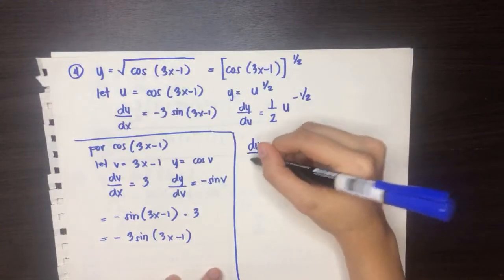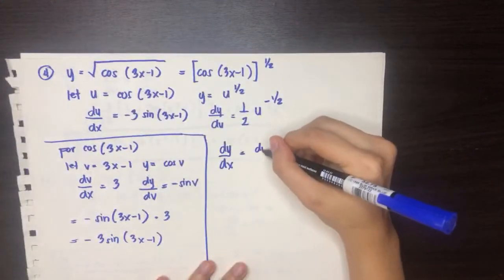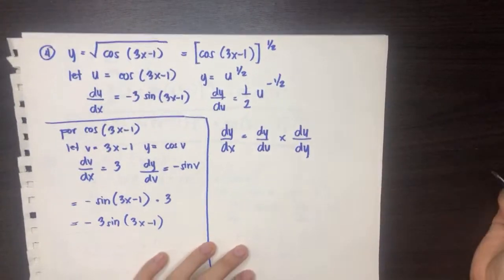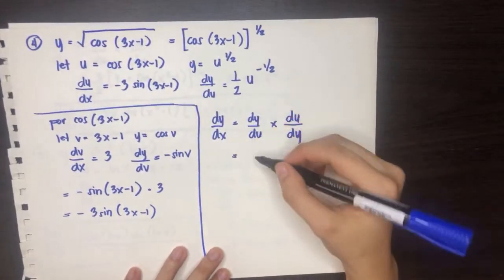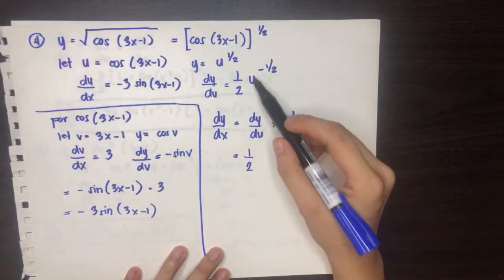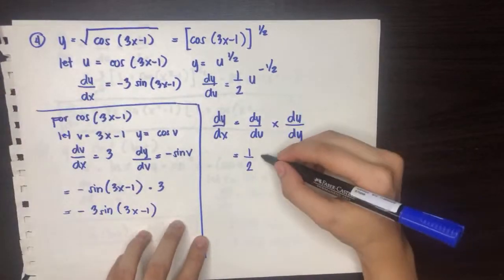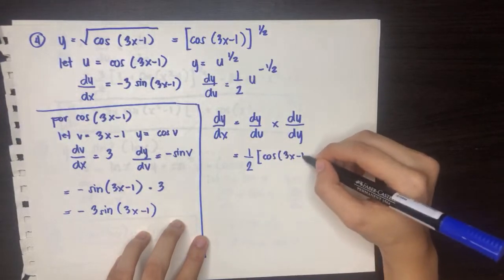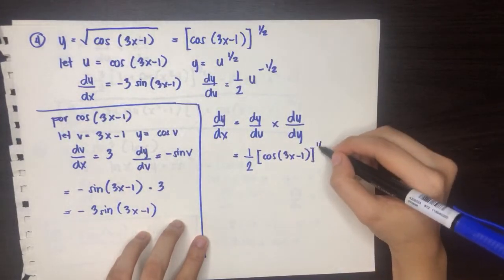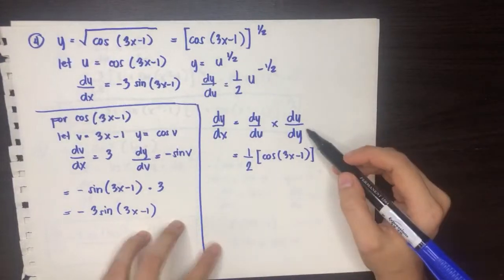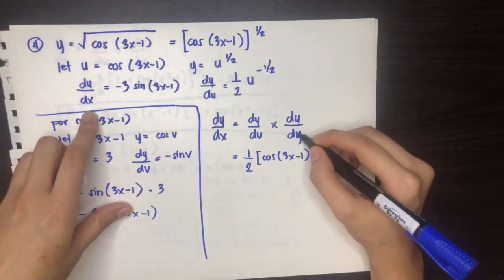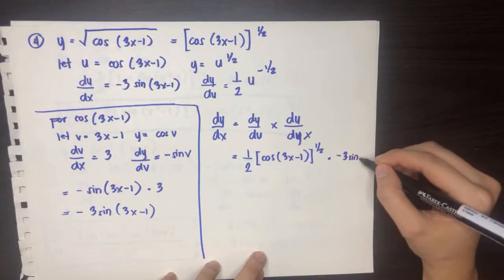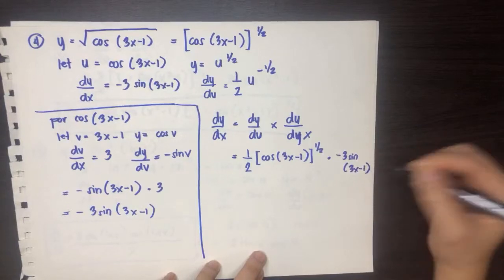Ayan. So, substituting sa formula ng chain rule, we have dy over du times du over dx. So, dy over du is we have 1 half u. U natin ay cosine 3x minus 1 raised to 1 half times du over dx, which is negative 3 sine 3x minus 1.